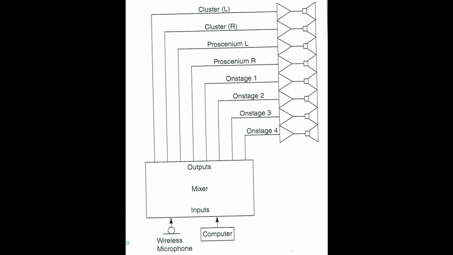In this example, we have a wireless microphone and a playback computer being plugged into the inputs of the mixer. As far as the outputs go, we then have a wide range of possible locations for the output signal to be sent. So it can be sent to any one of those particular speakers, depending on where they're located.